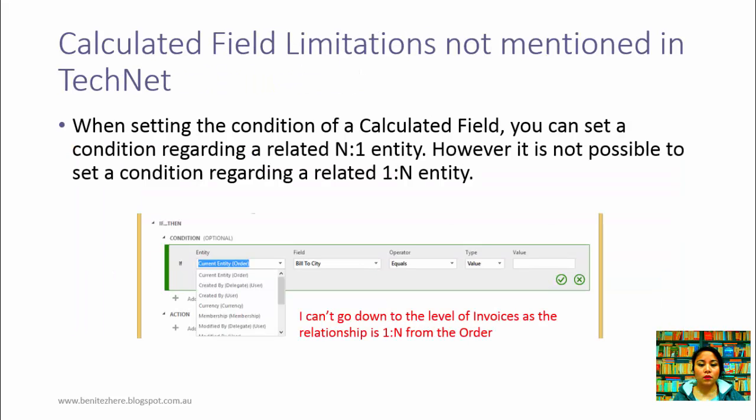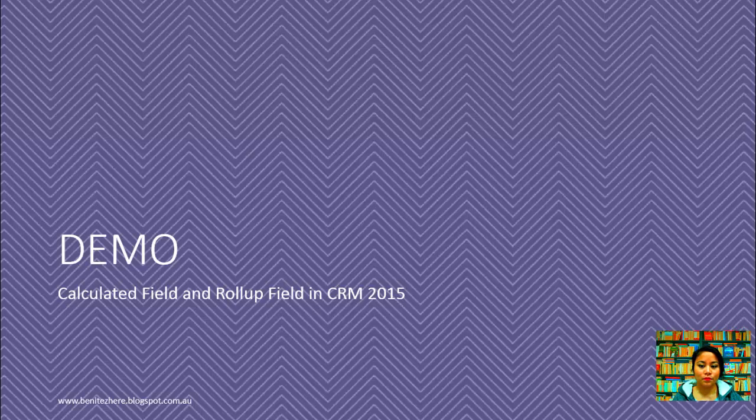And you also can't go down to the level of a one-to-many relationship in the condition of a calculated field. The example on my screen is that I can't go down to the invoice from the order entity.